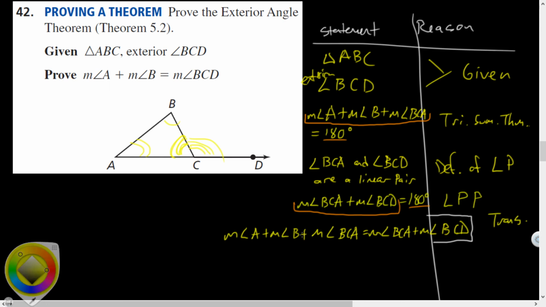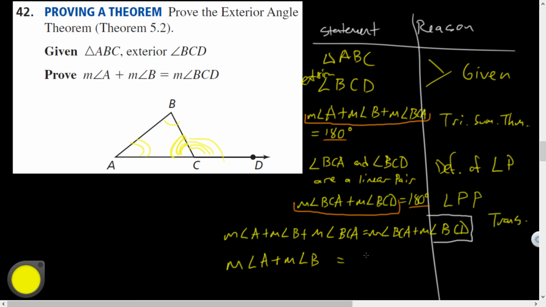All right, so Malik, what do you think my last statement is going to be? I think we've proven it. The measure of A plus the measure of angle B is going to equal the measure of angle BCD. How did I get from this statement to this statement? Oh, almost. Subtraction, you mean. Subtraction property of equality. All right.